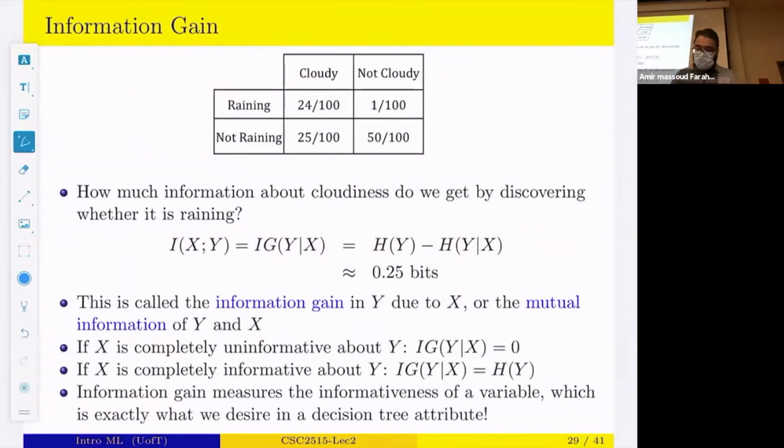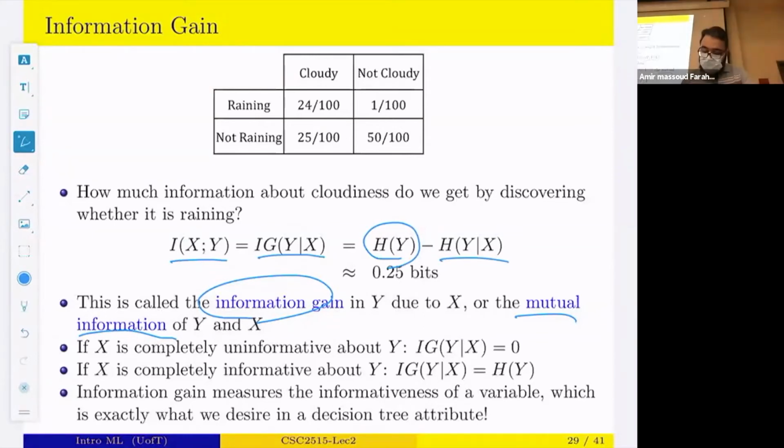So there is this other concept which is called information gain or mutual information of y and x, which is basically trying to quantify this question: how much information about, say, cloudiness do we get by discovering whether it's raining or not? So it is defined as, say, the mutual information of x and y, or information gain of y conditioned on x, is entropy of y minus entropy of y conditioned on x.